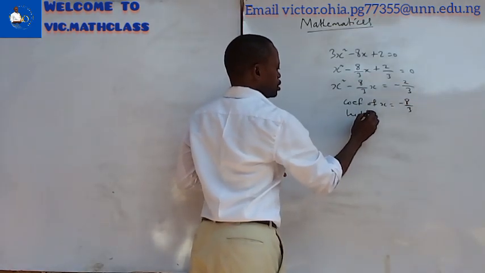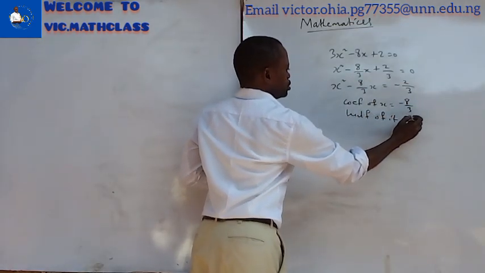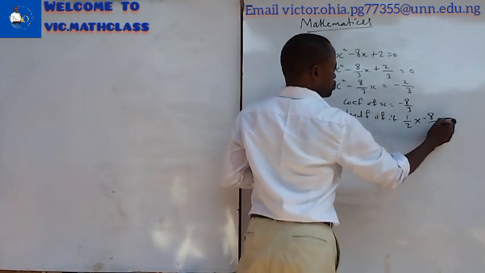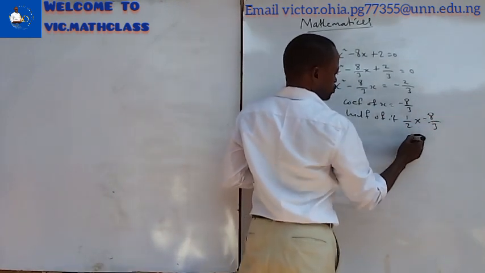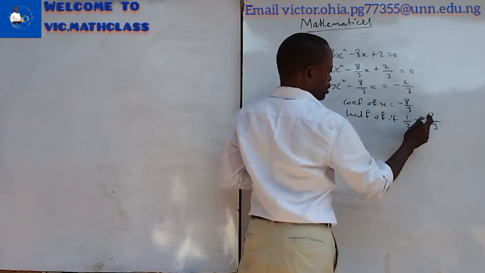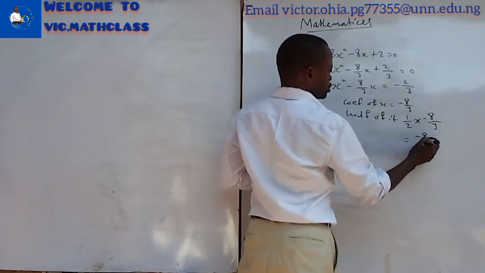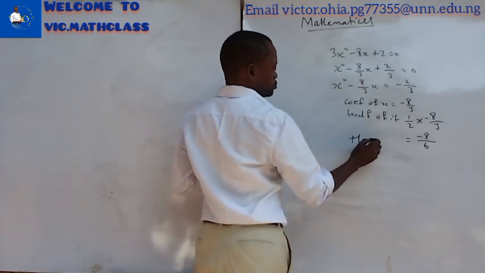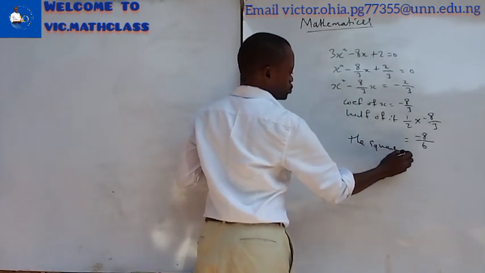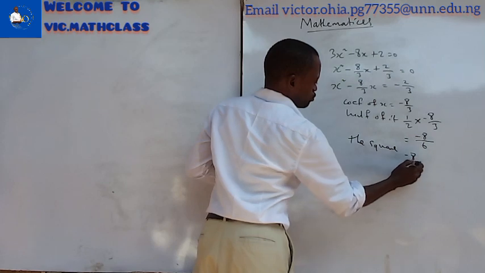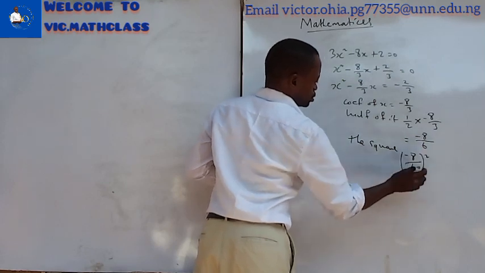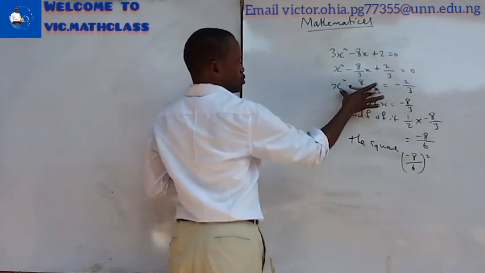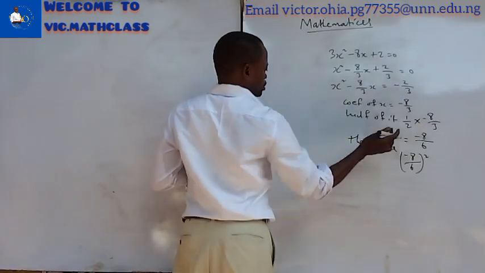Half of it is 1 over 2 times minus 8 over 3, and that is going to give us, I may leave this thing like this and just write it minus 8 over 6. Yeah, I know it can reduce. Then the square is minus 8 over 6 all squared. So this expression is what I'm going to add here. And once I add it here, it becomes a perfect square, and also add it this side.